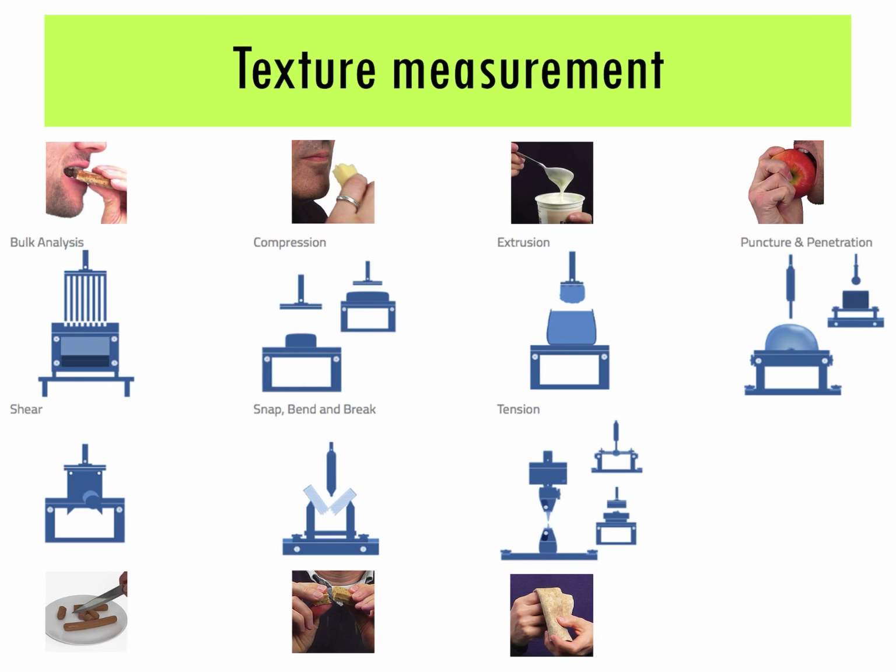Or when we want to do a compression test, it might represent when we use our tongue to press our food sample in the mouth. And there are so many methods designed for mimicking what happens in the mouth.